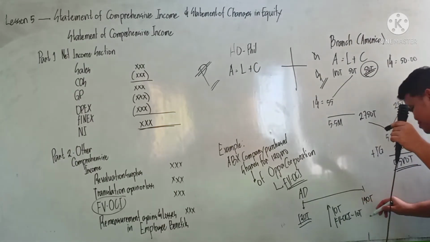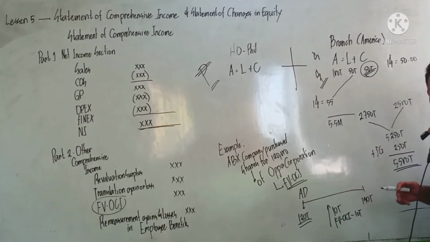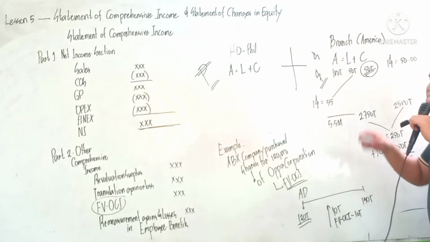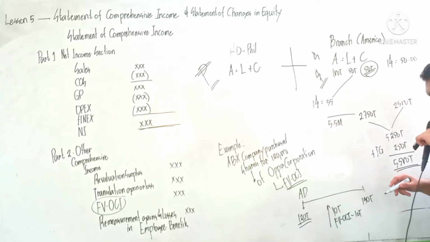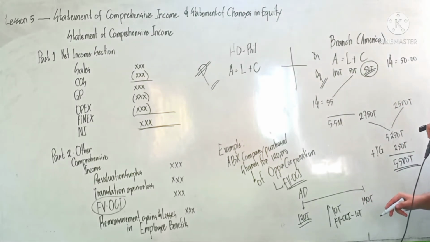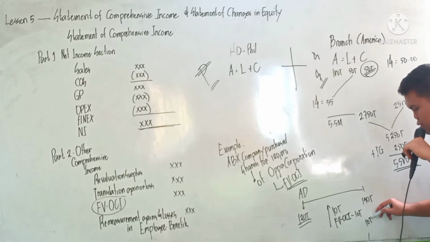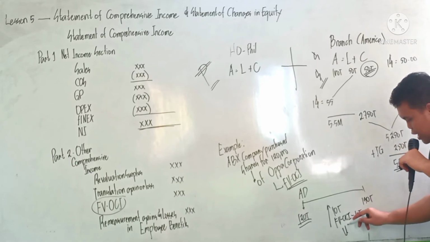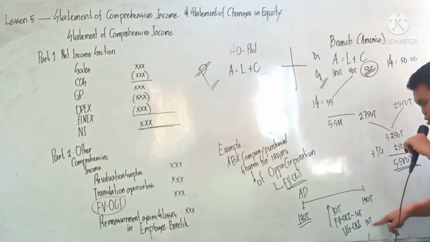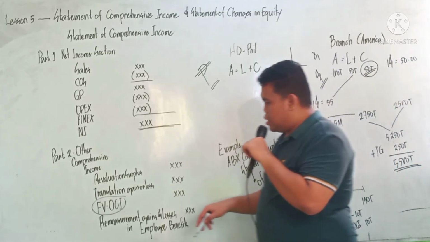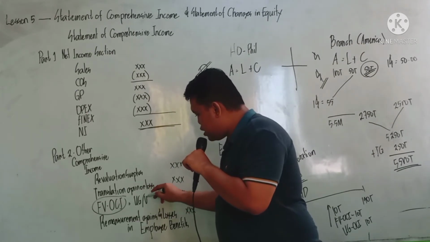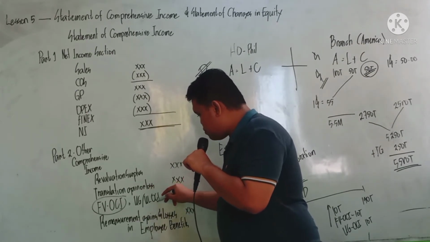Okay. Take note here: FVOCI 10. And the credit is here in other comprehensive income. So how much? 10,000. That is what we call unrealized gain OCI. 10,000. So let's put it here, unrealized gain or unrealized loss, OCI.